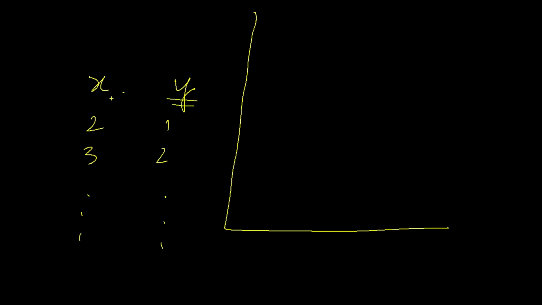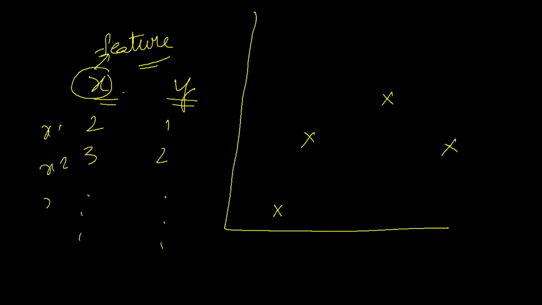This is dependent and this is independent variable, or we can say it as a feature. Now we plot these points as x1, x2, x3, x4. I'm calling it like this: this is x1, this is x2, this is x3, or you can simply call them first point, second point, third point.